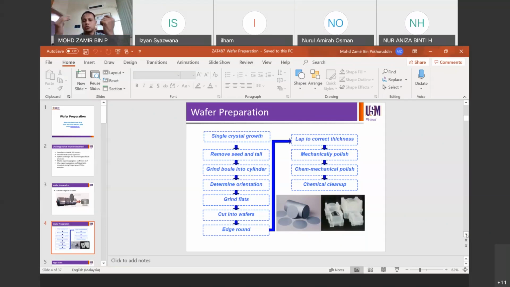Whether it's 2-inch or 4-inch or 6-inch or 8-inch or 10-inch or 12-inch or 18-inch. If you talk about typical wafer fab operation, they normally use 8-inch. The latest fabs use 12-inch and some even go up to 18-inch.